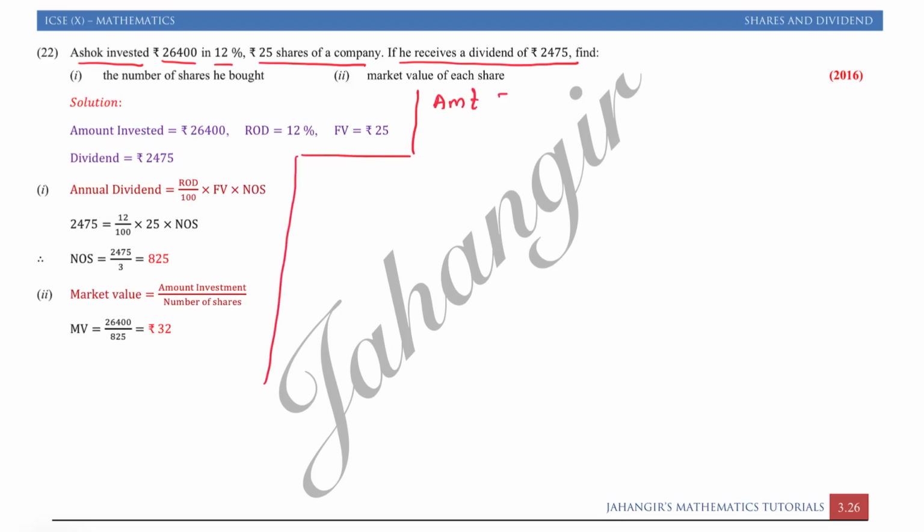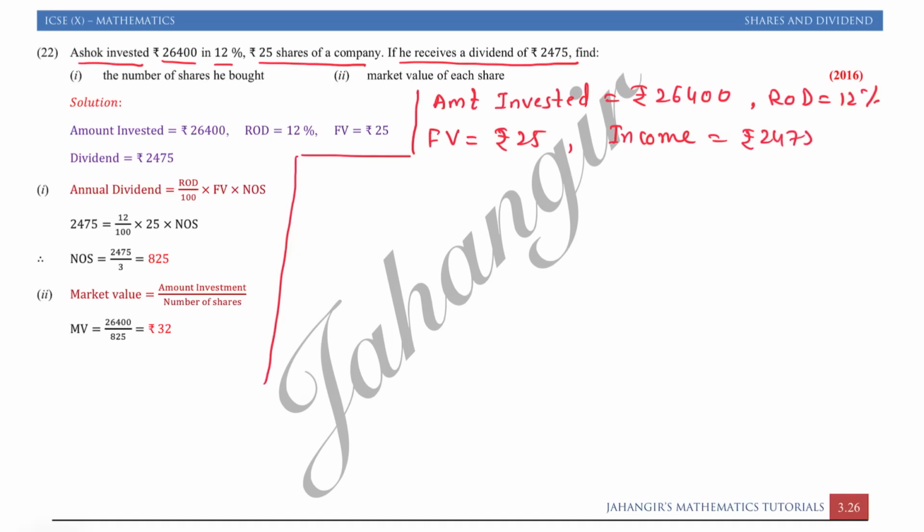Amount invested is equal to rupees 26,400, whose ROD is 12%, FV is rupees 25 and income is rupees 2475. In the first case we have to find the number of shares.